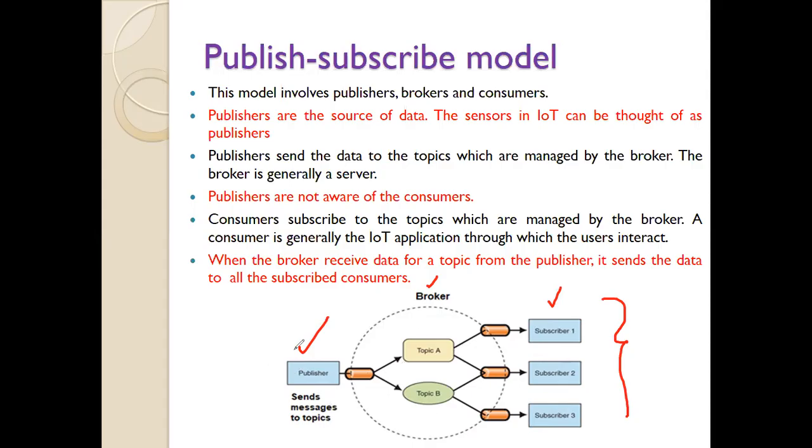So as soon as this publisher shares the information, all the information reaches the broker and from here to the subscribers. So this is the publish subscribe communication model. And the popular MQTT protocol is based on this publish subscribe model.